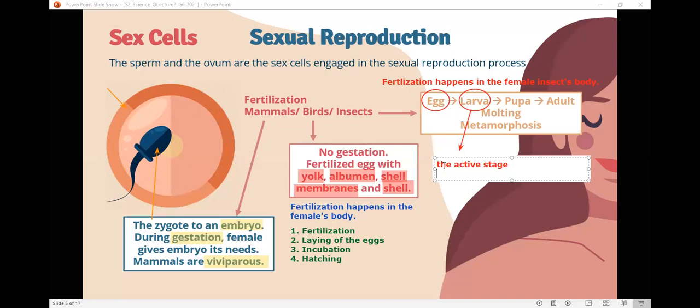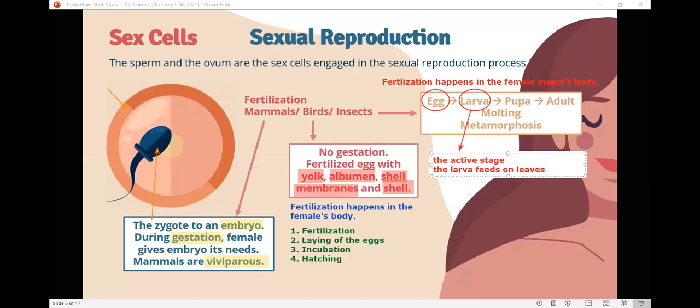The larva looks like a worm. What does this worm do? It eats a lot. Bravo. The larva feeds on leaves.